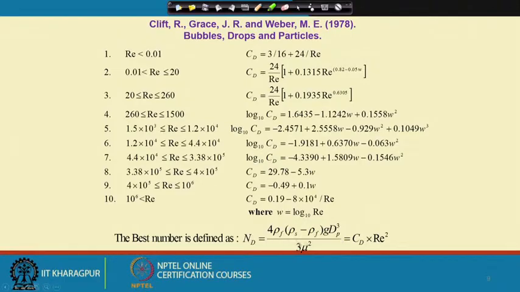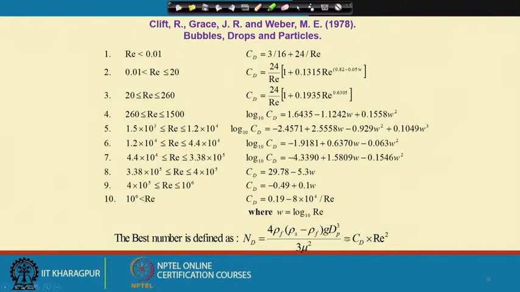That is how it is written. If you convert this equation in terms of C d and R e, this is equal to C d into R e square.